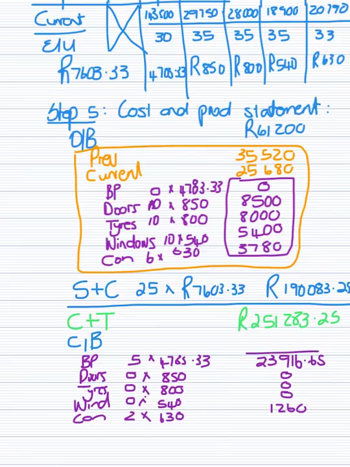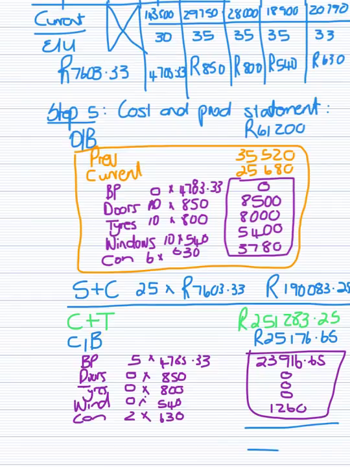If I add this together, I will get 25,176 rand and 65 cents, which brings me back to my total cost of 276,459 and 90 cents.